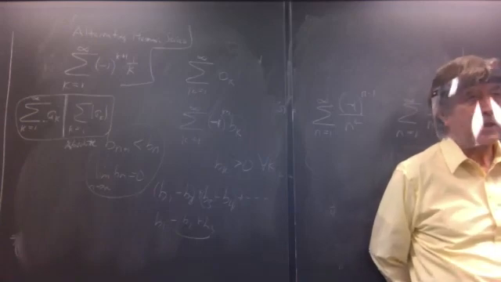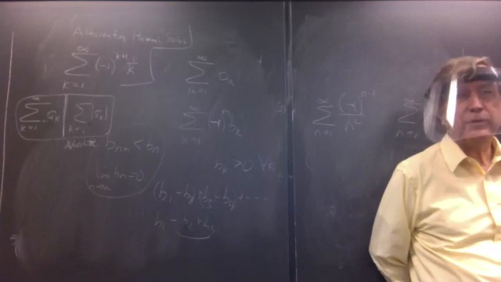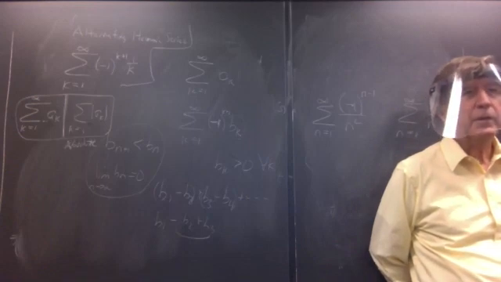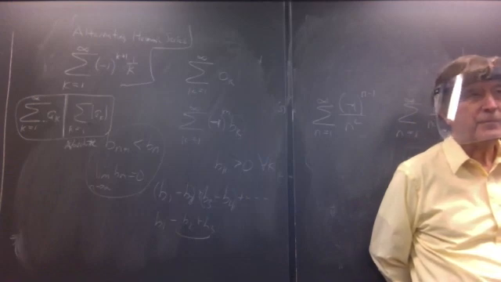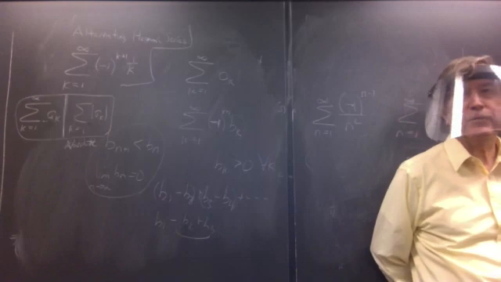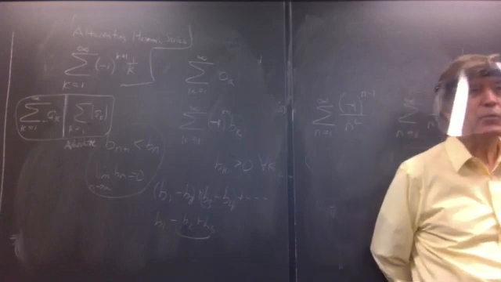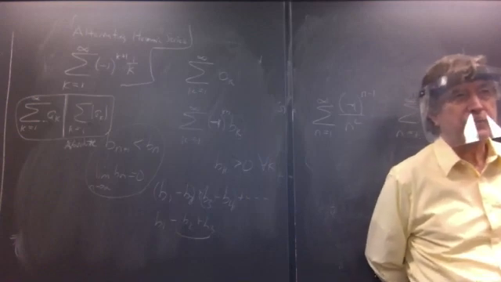So we say the alternating harmonic series is conditionally convergent. If a series converges, but its absolute value series diverges, we say the original series is conditionally convergent.